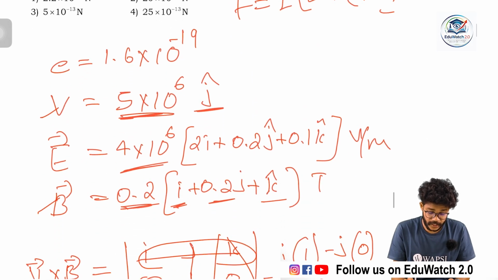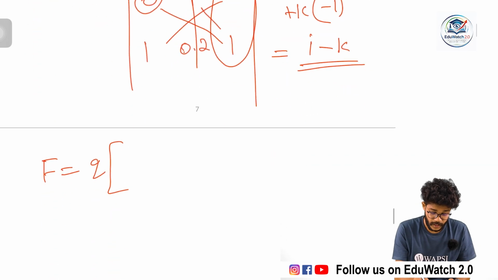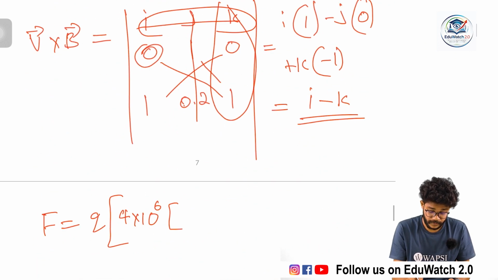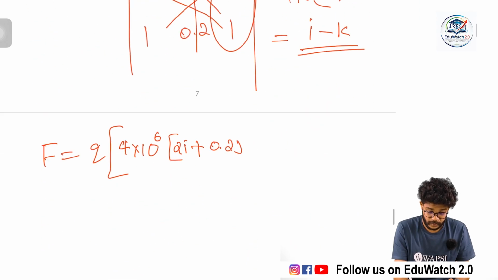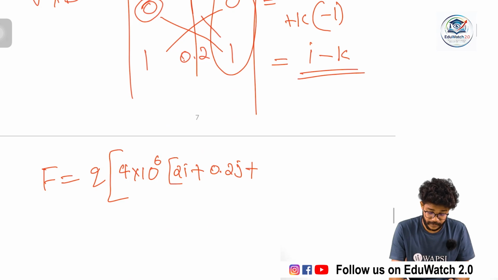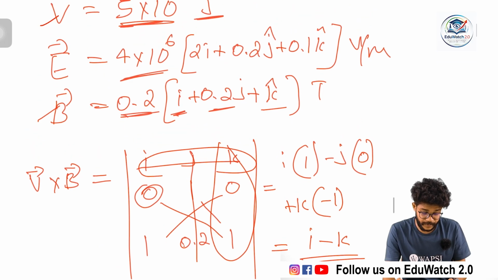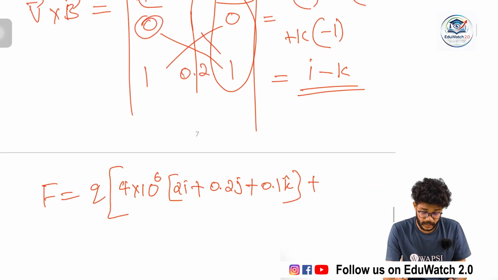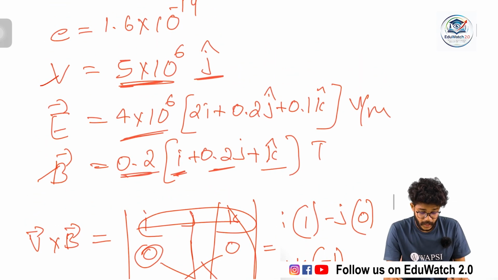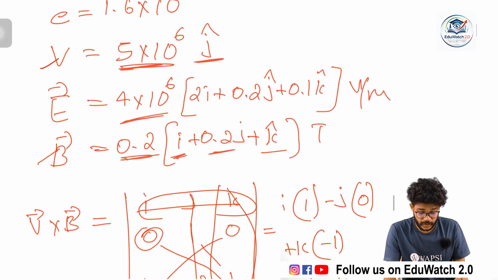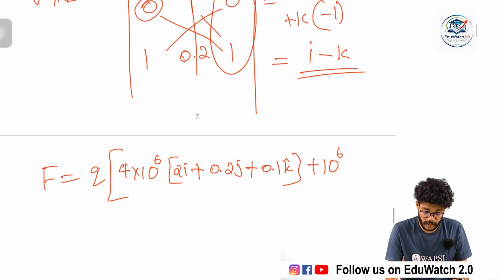Electric field is 4 into 10 raised to 6 into, the direction is 2i plus 0.2j plus 0.1k, plus V cross B. V cross B is i minus k with a magnitude 0.2 into 5 is 1, 1 into 10 raised to 6 is 10 raised to 6. So 10 raised to 6 into i minus k.